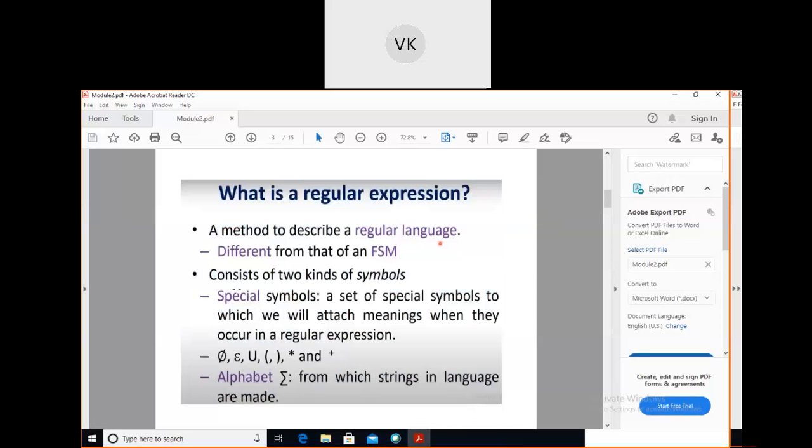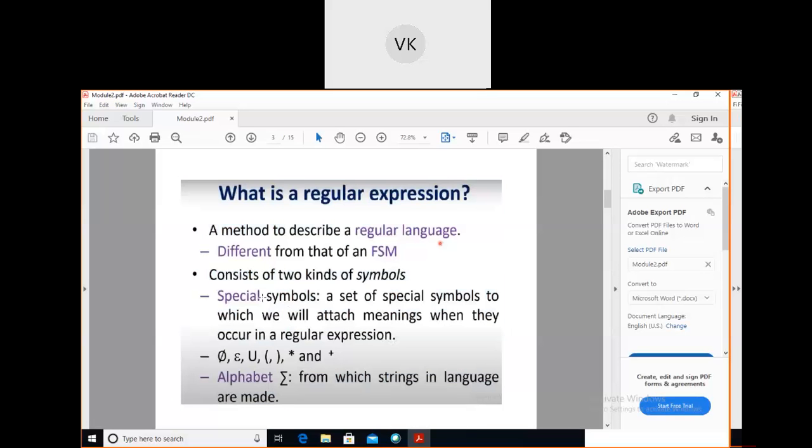This regular expression consists of two kinds of symbols. We represent with the help of a mathematical expression that has symbolic representations. The special symbols are those to which we attach meanings when they occur in regular expressions.